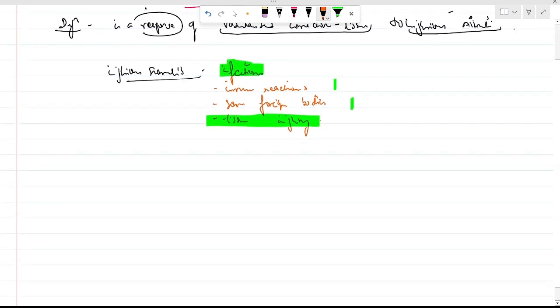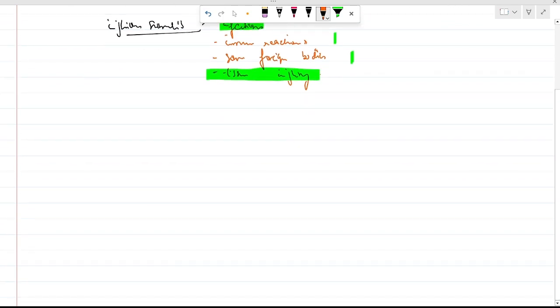Okay, I'm going to see types of inflammation. Types. Okay, first is acute inflammation. Okay, second is chronic inflammation.